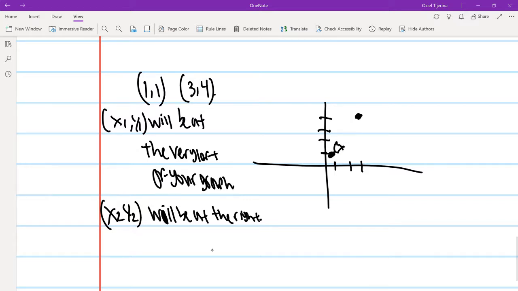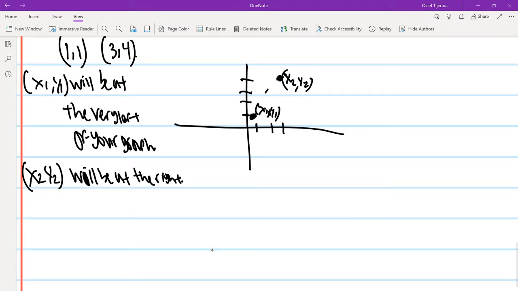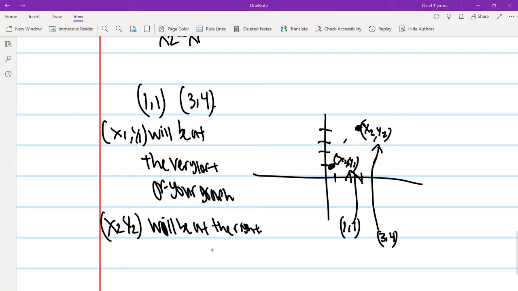So this would be your x1, y1. And then at the very right, we see that our point is x2, y2. So now that we have our points, we say that this is 1, comma 1, and this is 3, comma 4. So this would be x1, y1, this would be x2, y2.